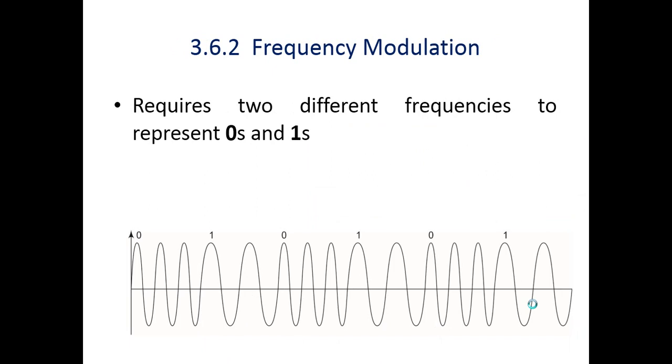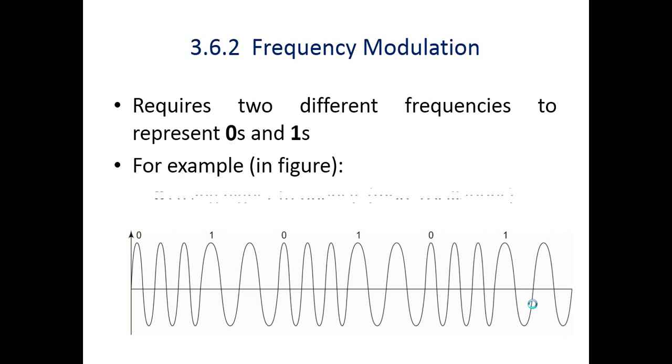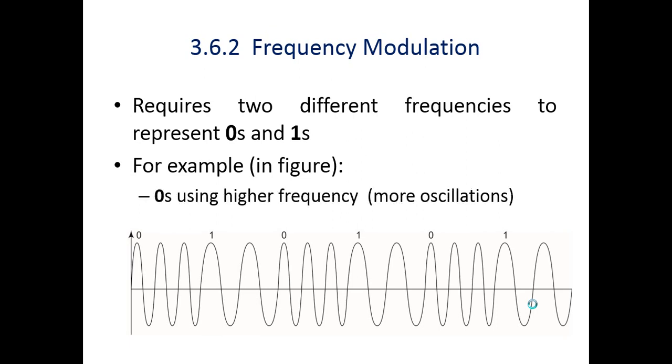Second is the frequency modulation. It requires two different frequencies to represent 0 and 1. Suppose in our example there is the data 0 1 0 1 0 1 that we want to send. 0 is represented by a higher frequency than 1, so it has more oscillations compared to 1, and 1 has fewer oscillations.